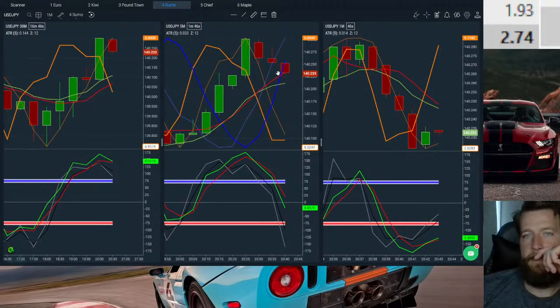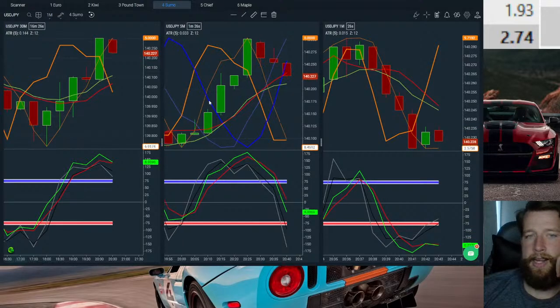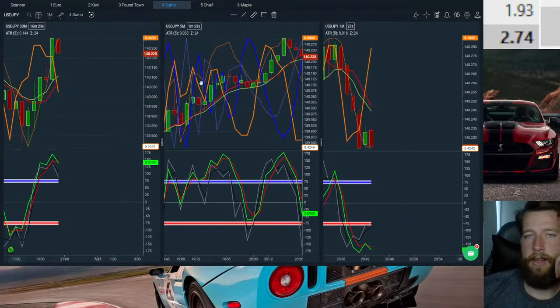Okay, let's see if this bounces off or breaks through. Probably what ends up happening is this just kind of gets stuck right here for a little bit and it consolidates, kind of like what happened right here for a little bit.